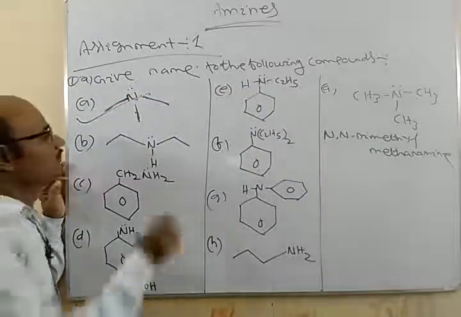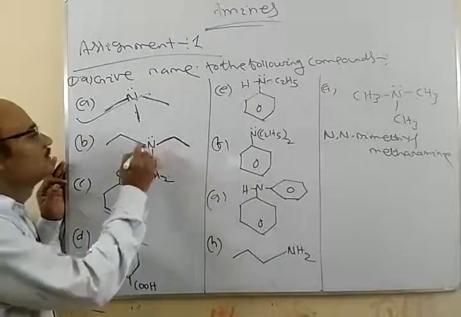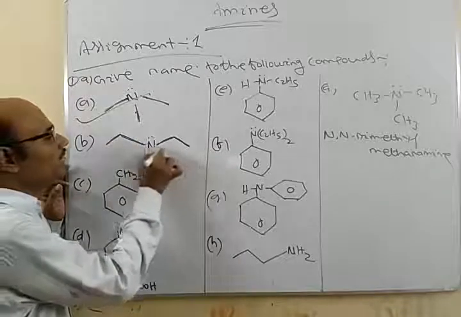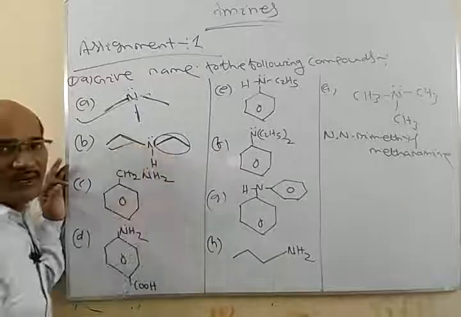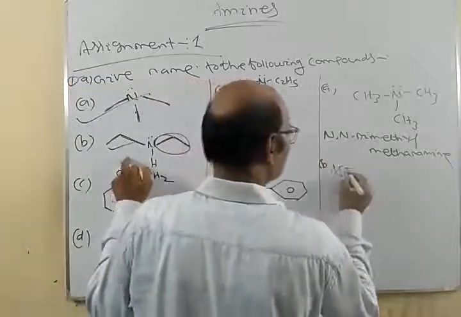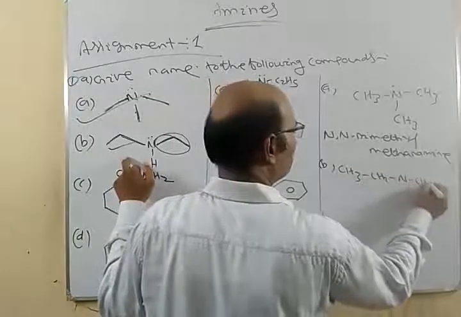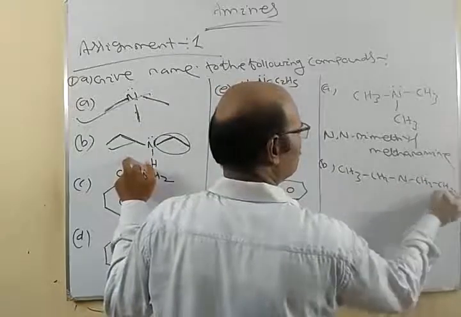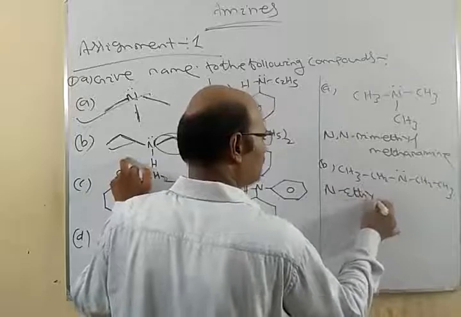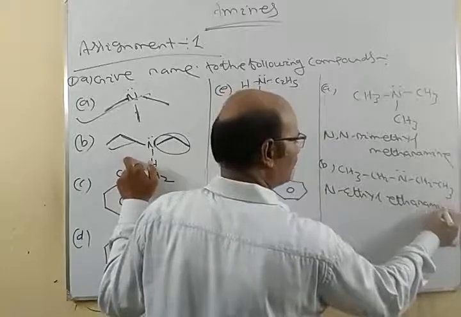Now this one, carbon 1, 2. This means the ethyl. 1, 2 ethyl. So N-ethyl ethanamine. What do you write? This I can write like this: CH3 CH2 N CH2 CH3, N-ethyl ethanamine.